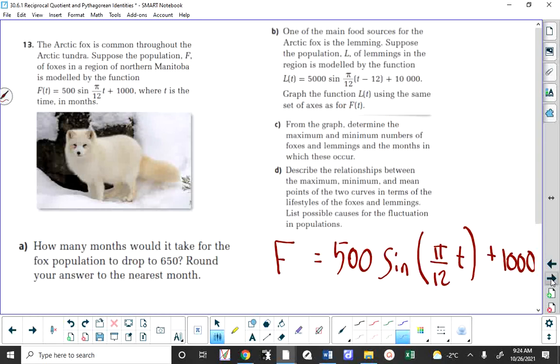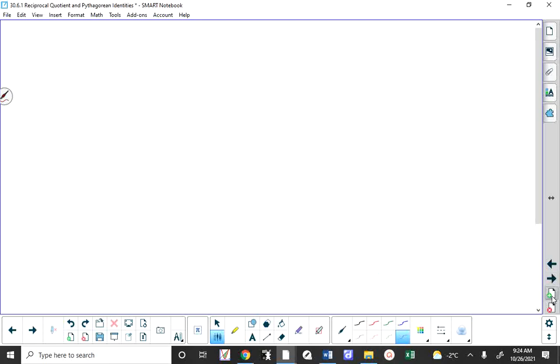Okay. The stupid thing about this is there's an operation between the pi over 12 and the t. So really, we should be putting them in brackets. We can get away with writing something like sine of 4x. We know it's sine of 4 times x.